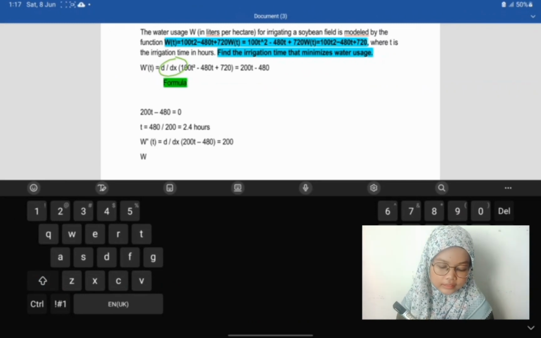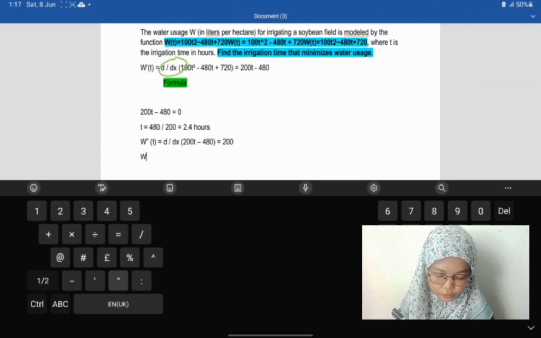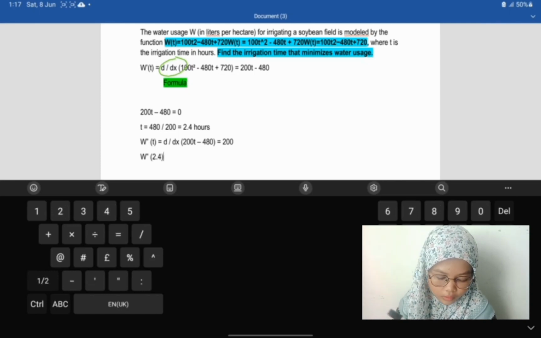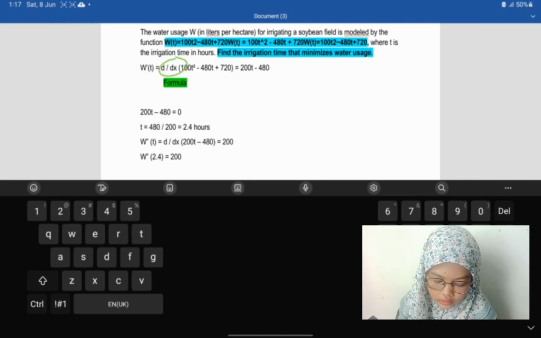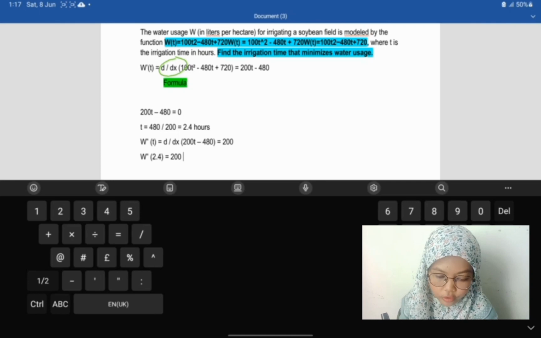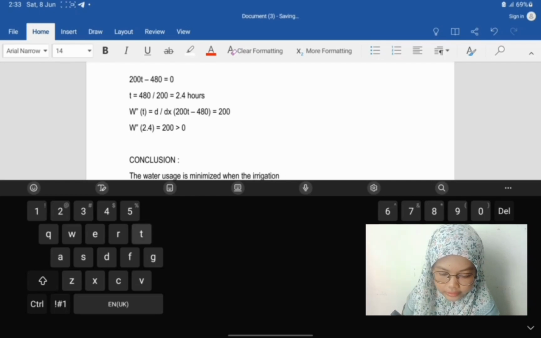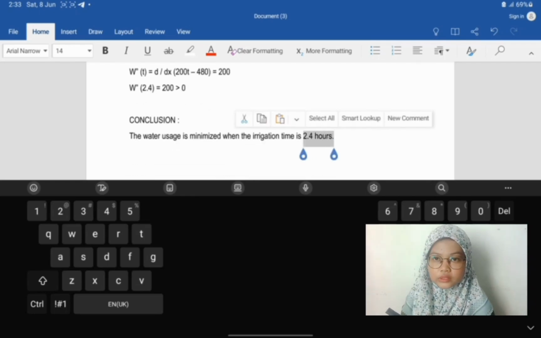Next, W double prime at t equals 2.4 is equal to 200, which is greater than 0. The function is concave up at t equals 2.4, indicating a minimum. So the conclusion is the water usage is minimized when the irrigation time is 2.4 hours.